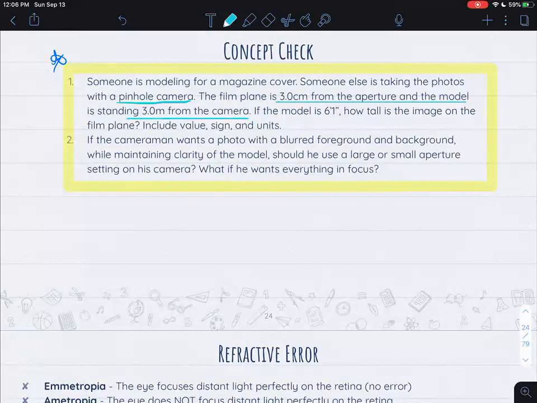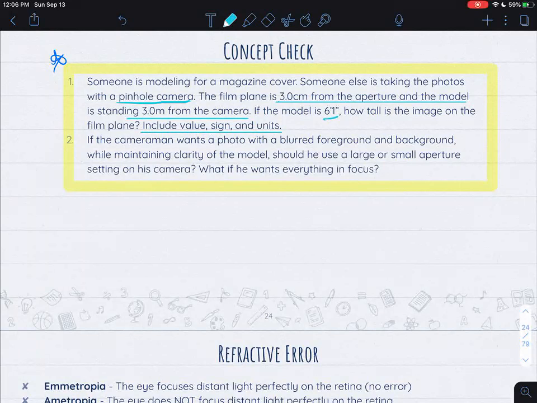So if the model is this tall, which we'll convert to centimeters, how tall is the image on the film plane? And then include value, sign, and units. That's important to remember, because this kind of problem requires a sign.